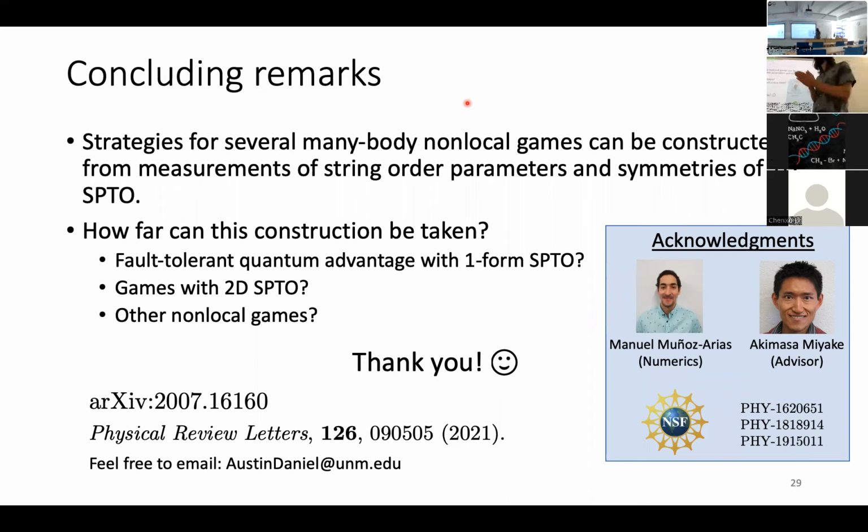Certainly you can use it as a resource to demonstrate quantum advantageous performance against classical strategies that do not have communication. But in the case that we consider classical strategies that are modeled by this concept of classical circuits, the circuit that can implement the GHZ strategy will exceed that of this SPT strategy.